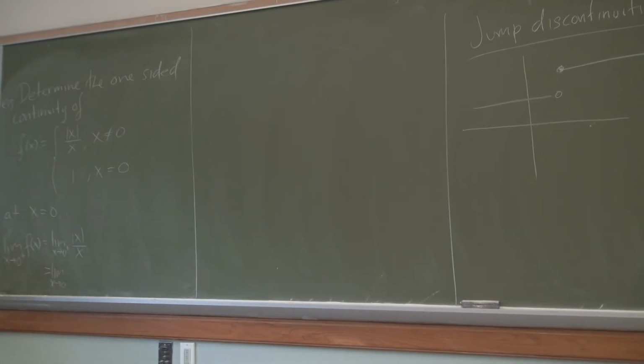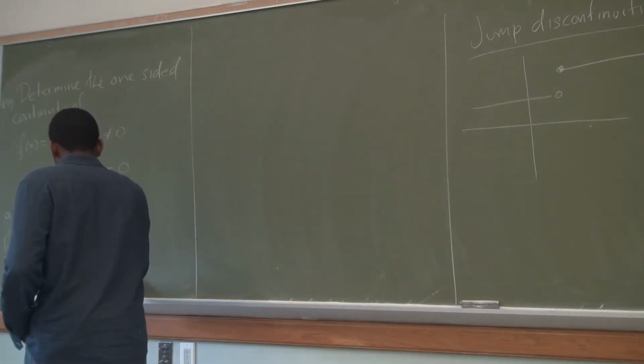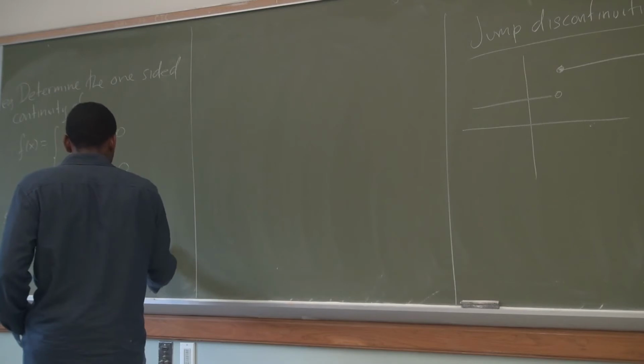And what's that limit? 1, because you're positive, absolute value of x just returns x, so the answer is 1. Which happens to be equal to f of 0. So this means continuous.